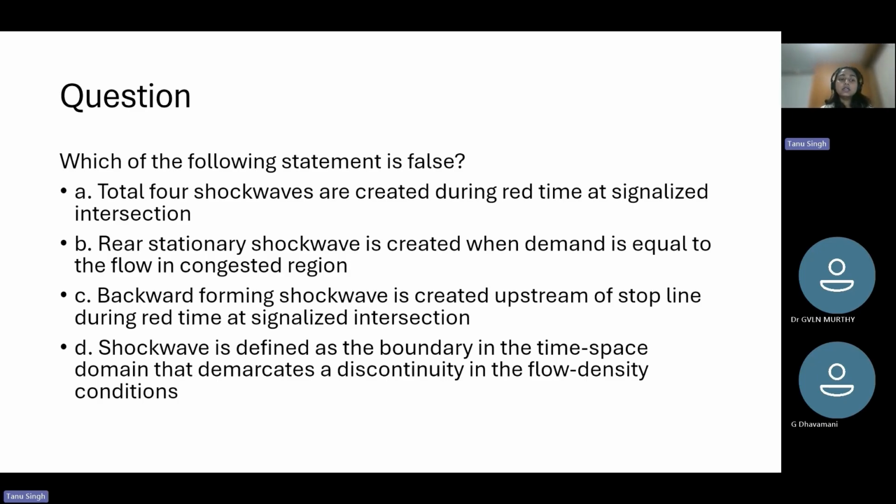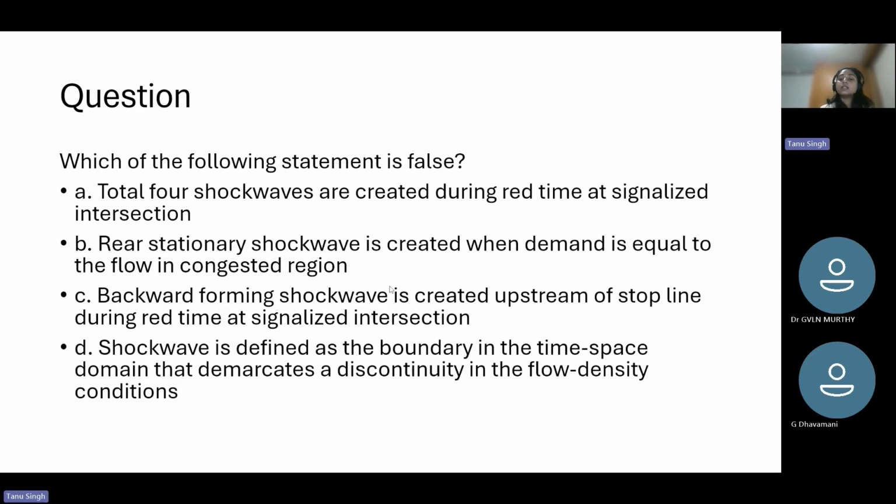Then the third statement, backward forming shock wave is created upstream of the stop line during red time at a signalized intersection. That is correct, because whenever there is a stop line at a signalized intersection, the queue is forming before the stop line.